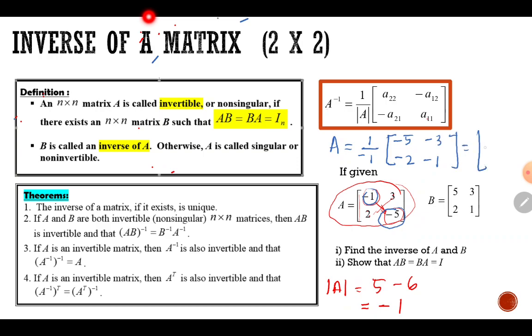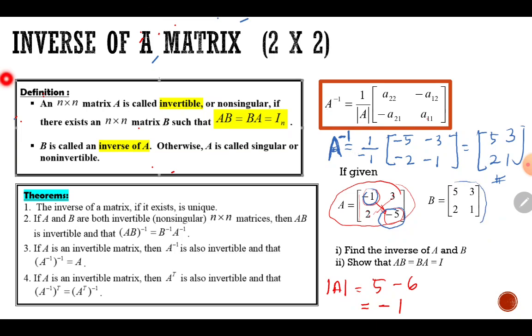You get 5, 3, 2, 1. This is the inverse of A. Sorry, even like this I can make mistakes. I forgot to put the inverse symbol. So make sure you don't make mistakes like me. So A inverse is equal to 5, 3, 2, 1.